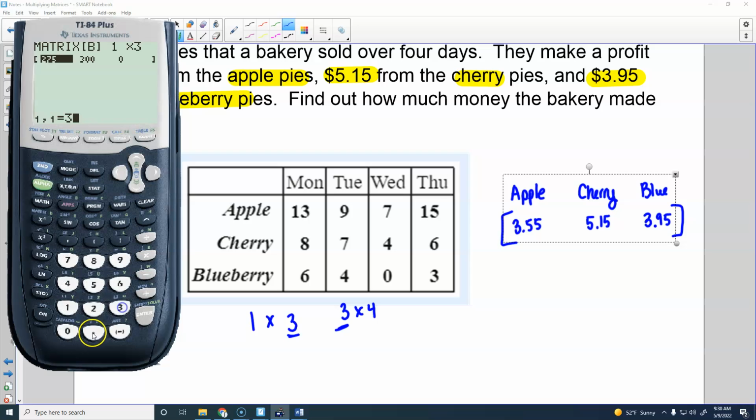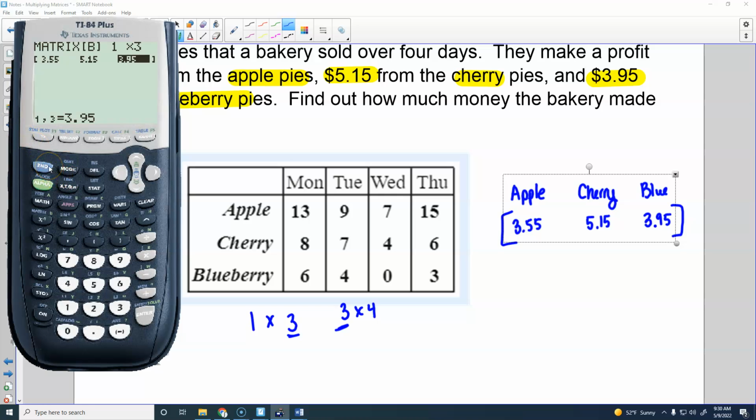So 3.55, 5.15, 3.95. Okay, we all got our matrices entered.